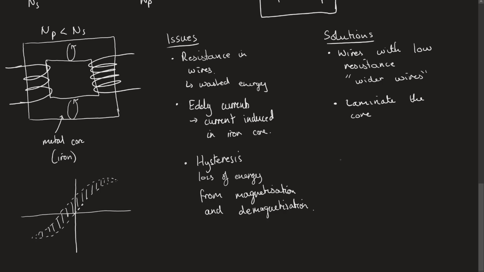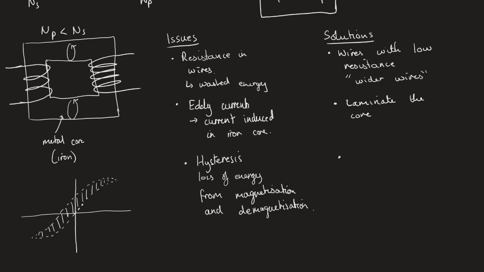The third problem that we have is the hysteresis, and the way we solve this is it requires energy to force this iron to become a magnet, and it requires energy to demagnetize it. So what if we find a material that will just more easily magnetize and demagnetize so that we don't have to put in as much energy?